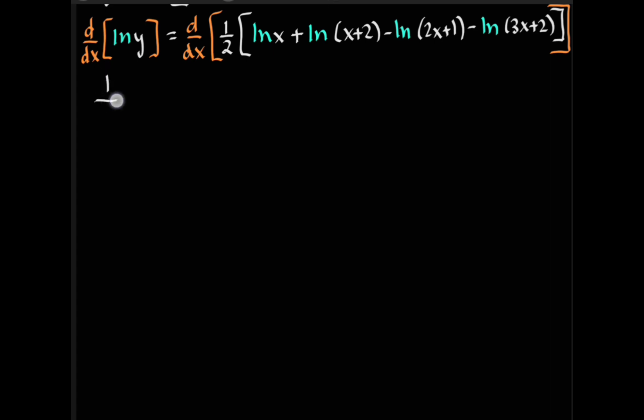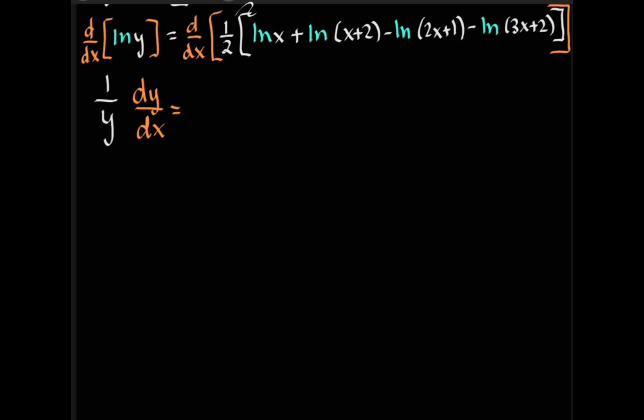It'll be 1 over y times the derivative of what's inside that function. The derivative of y is just going to be 1. But since I did the derivative of y in terms of x, you'll be left with dy over dx, which just means your first derivative of y in terms of x.